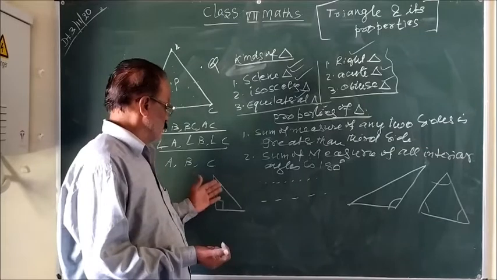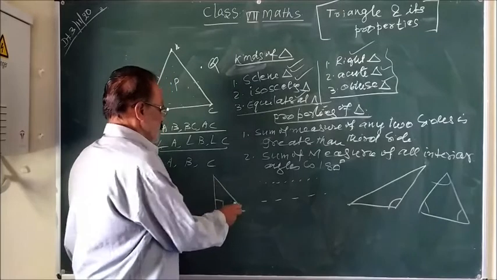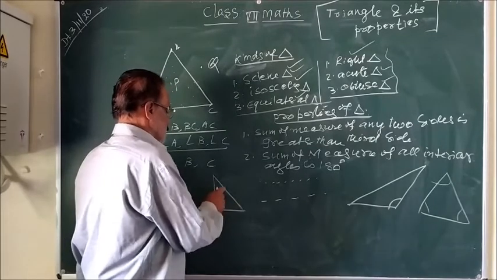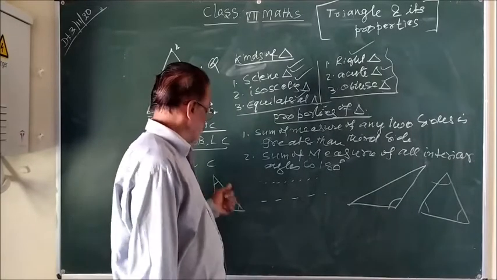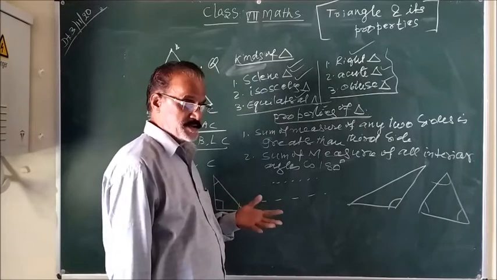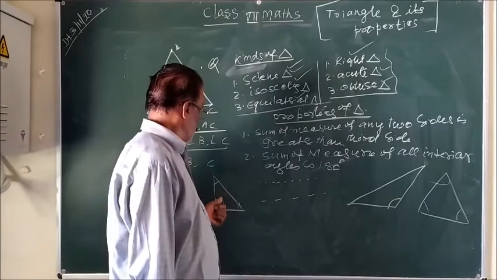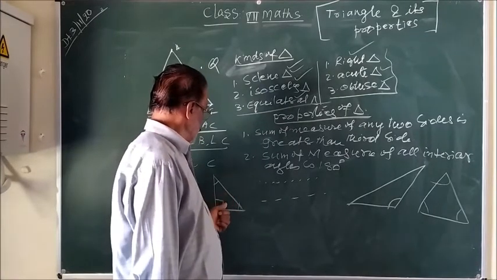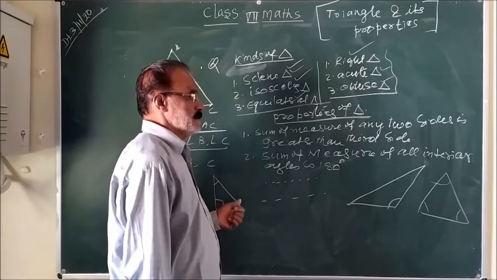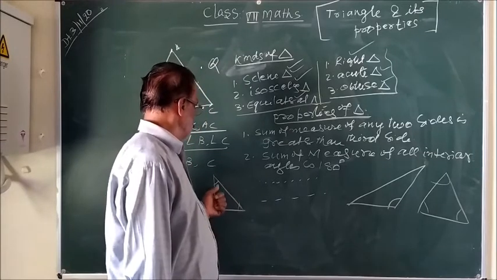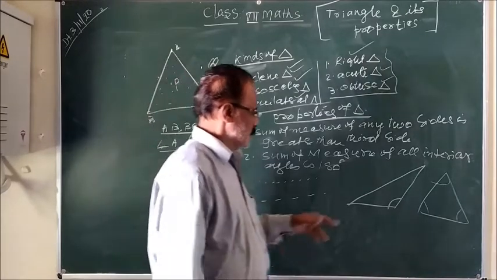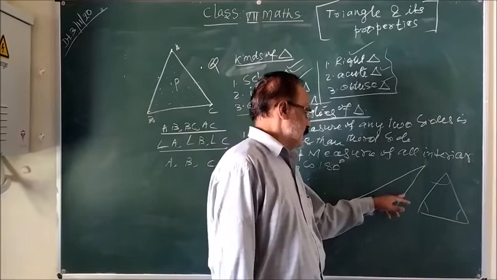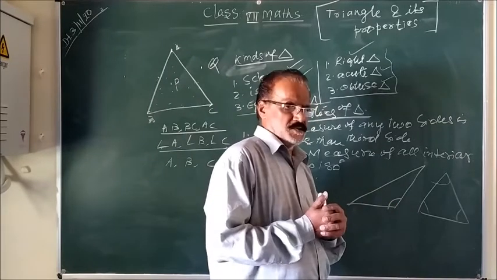We can also tell other properties: in a right triangle the remaining 2 angles will be acute angles, and an acute angle should be less than 90, because in a right triangle, except one, no angle will be a right angle. Only one right angle is possible. In an obtuse triangle only one angle should be obtuse.